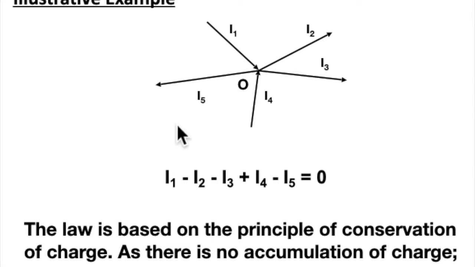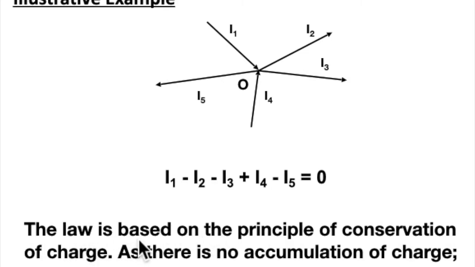By applying the law, the algebraic sum, that is with proper sign, I1 incoming positive, I2 outgoing negative, I3 negative, I4 positive and I5 negative: I1 minus I2 minus I3 plus I4 minus I5 equals 0. This is important information, so it is repeated.